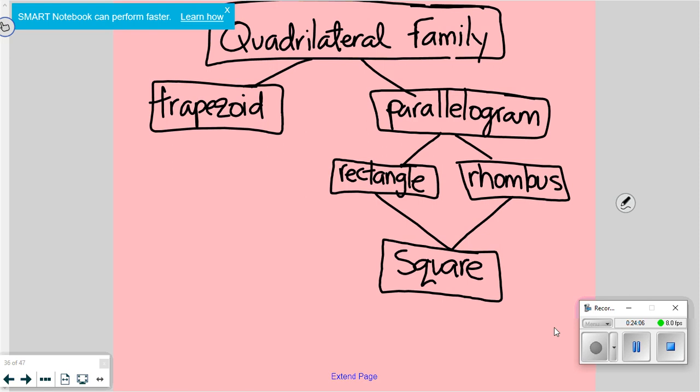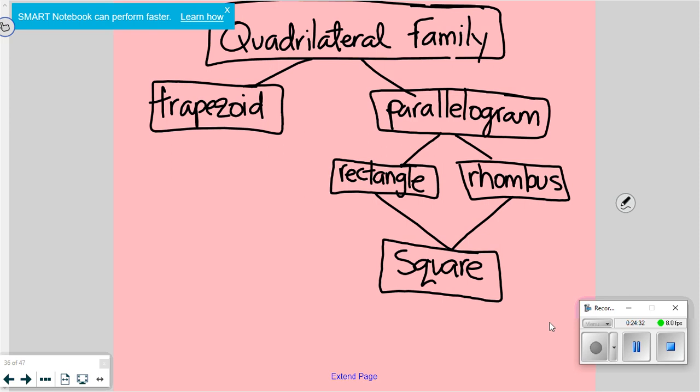No, it can't. It doesn't have square corners. It doesn't have equal sides, and it only has one pair of parallel lines, or sets of parallel lines. So a trapezoid can never also be a square.